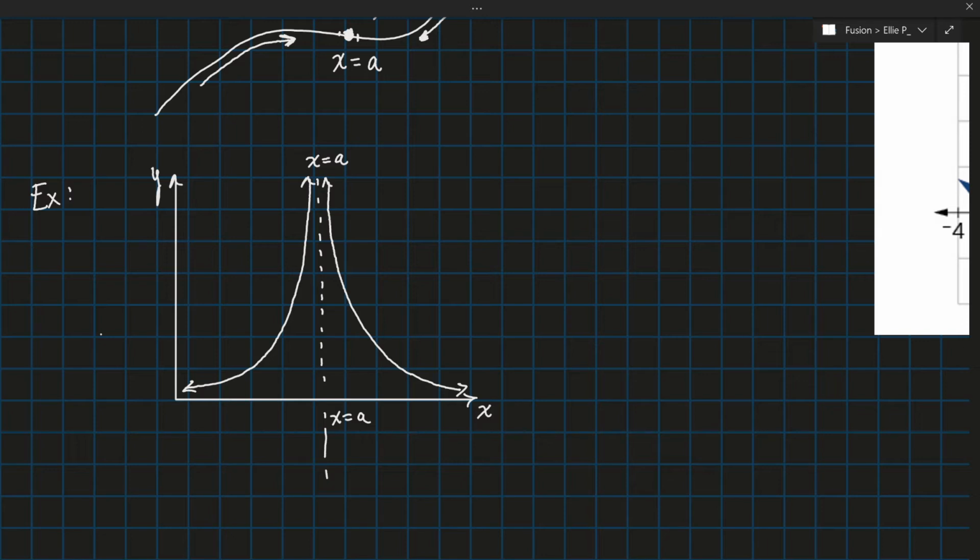It never actually touches it. So we can't just do that. It won't work. So instead, if we look at either side of this function, what is the behavior of this function as it's going towards x equals A? What does it approach? Infinity, yeah, exactly.